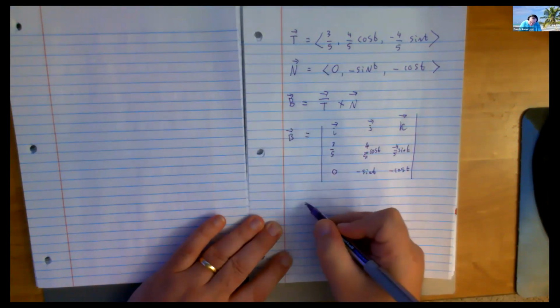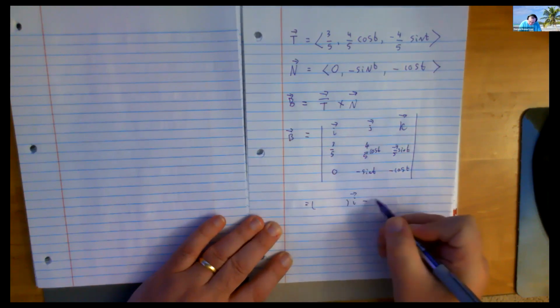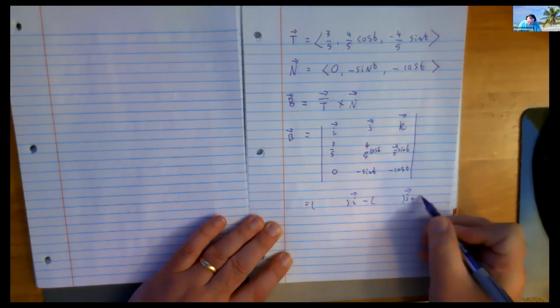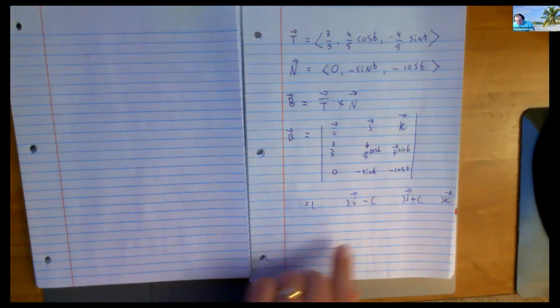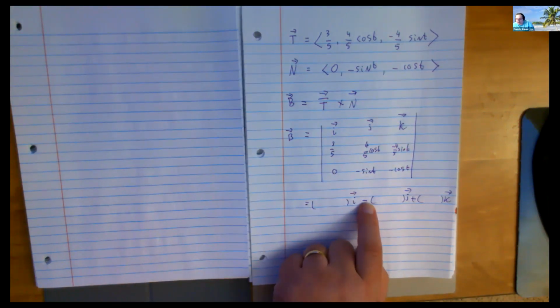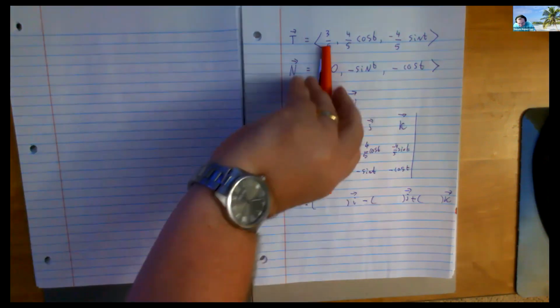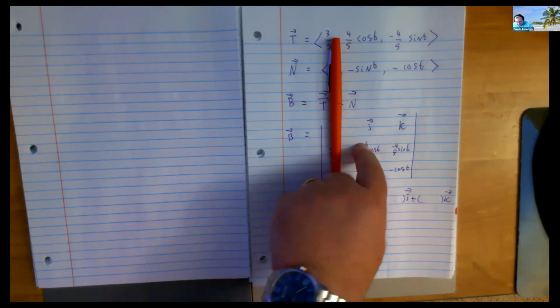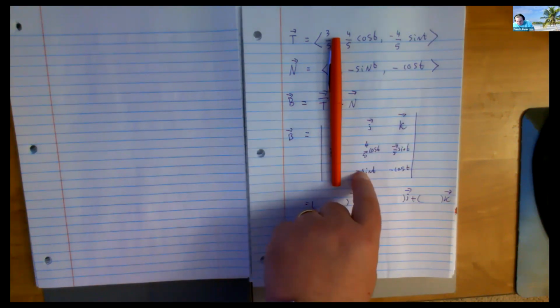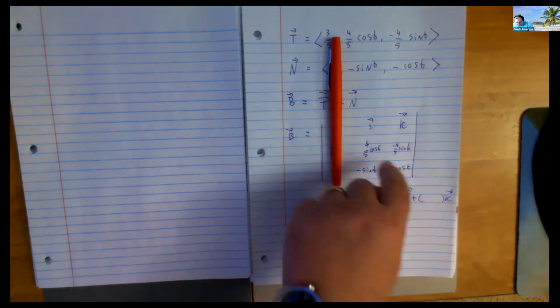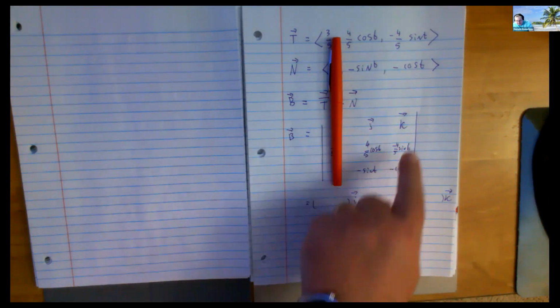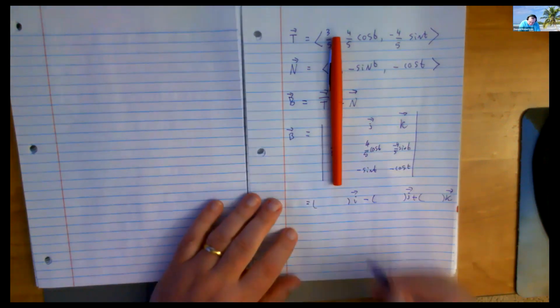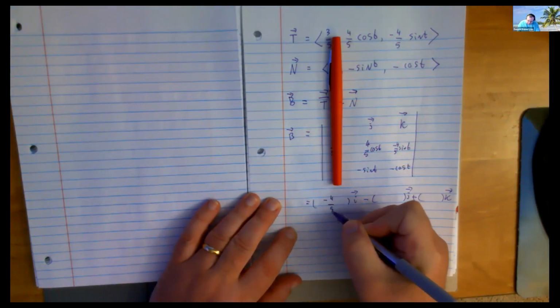Okay, let's see what we get. We get so many i's, take away so many j's, plus so many k's. I hope by now you do it because you're told to, that this negative doesn't disappear on you. You just write it down rote because you know it has to be there. So, cover up time. Negative 4/5 cos squared, negative 4/5 sine squared. Can you imagine all those negatives and then one more? So negative 4/5 cos squared, negative 4/5 sine squared ends up being negative 4/5.